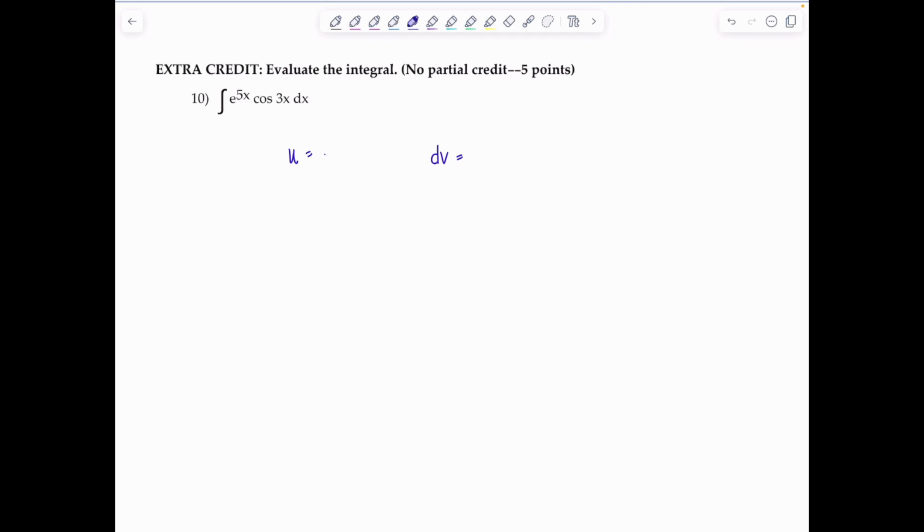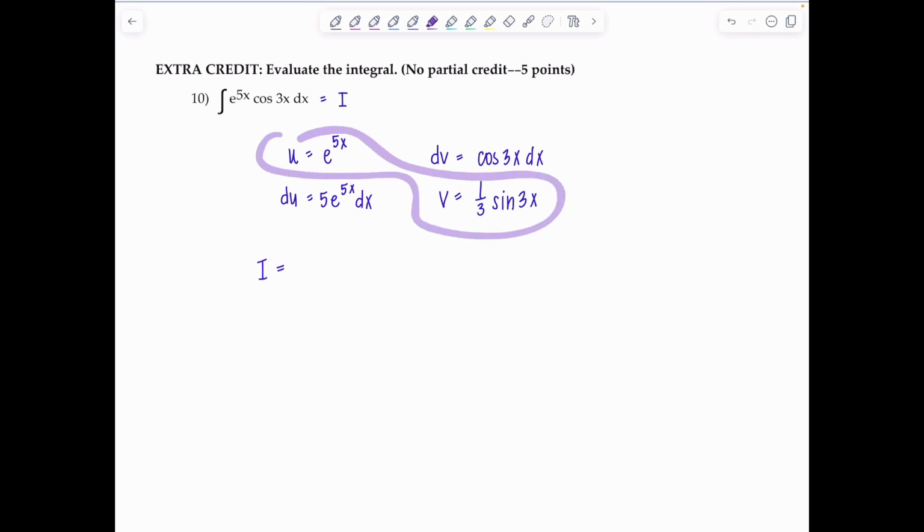I'm going to choose u to be e to the 5x. And dv will be then cosine 3x dx. So du, that would be 5e to the 5x dx. And then v would be 1/3 sine 3x. Okay, so my original integral, I'm going to call it I. That is equal to, using our integration by parts formula, uv.